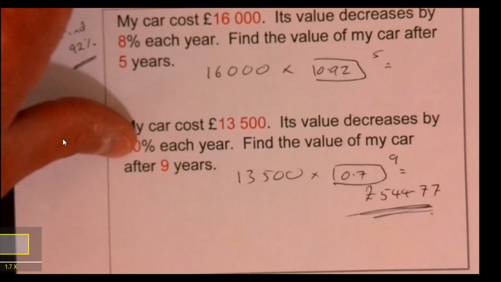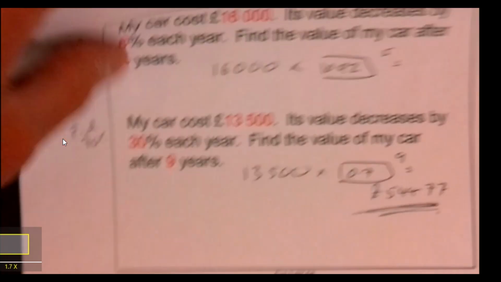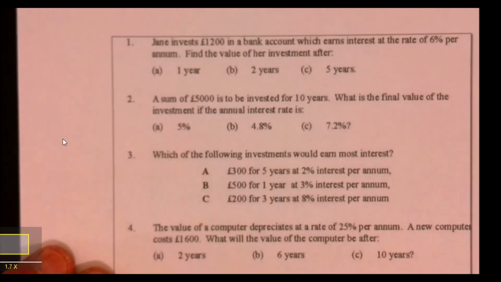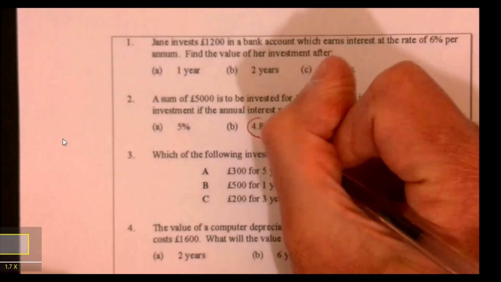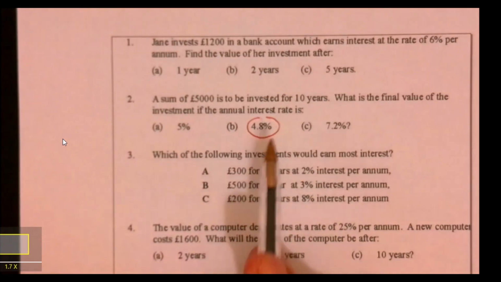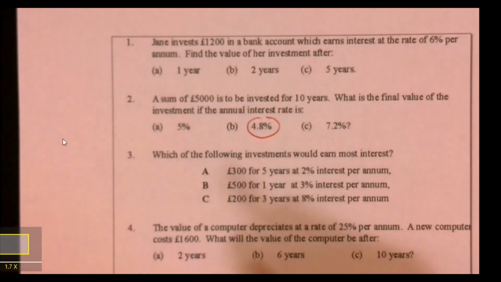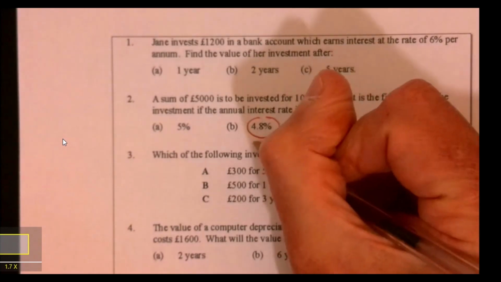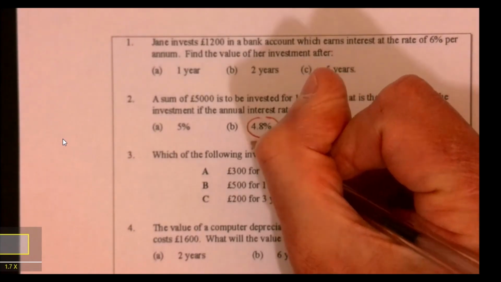Right, you're going to go and do some questions. Just be a little bit careful on question 2 on your PDF, because it says here an annual interest rate of 4.8%. So in other words, it's asking you to increase by 4.8%. So I'm just going to write on here for you. That's the same as multiplying.